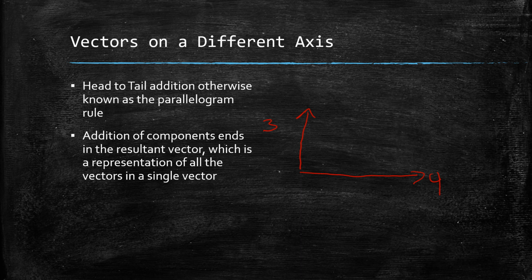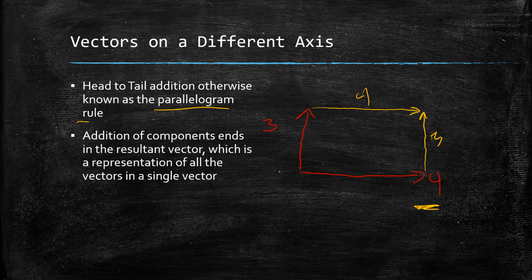So I'm going to take this 4 Newton vector and draw it in from the end of the 3 Newton vector, completely parallel to the other 4 Newton vector. That's why this is called the parallelogram rule. We're going to make a parallelogram. And then I'm also going to draw the 3 Newton vector in from the end of the 4 Newton vector. So here's my 4, and here's my 3.